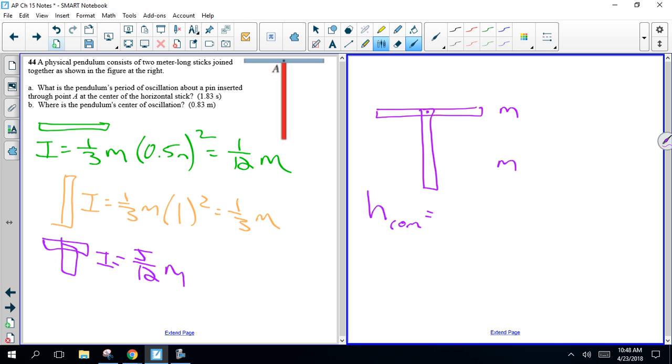Good, so it's this top mass times the distance of 0, right? Because it's already at a height of 0. Plus m times a half, right? Because if this is 1 meter, then the center of mass of that 1 meter stick is half a meter, right? All over 2m.